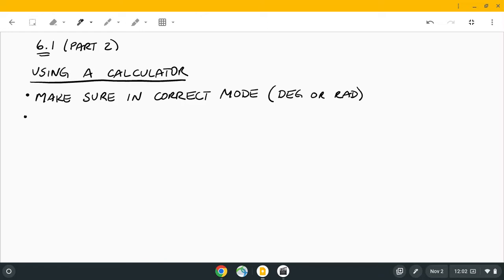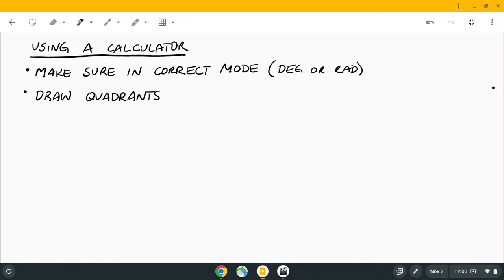And then also, I would really recommend that you draw your quadrants so that you know what angles you want. Because it can get a little messy. These are a little more involved than the ones that we just did in the first video.